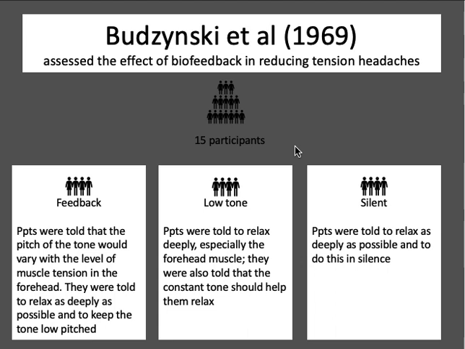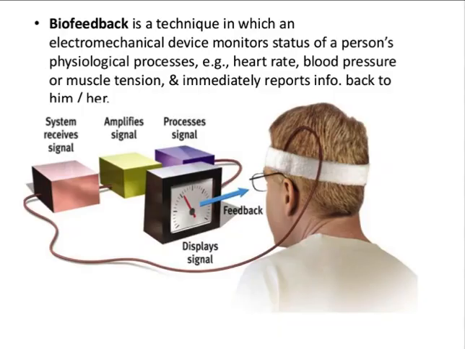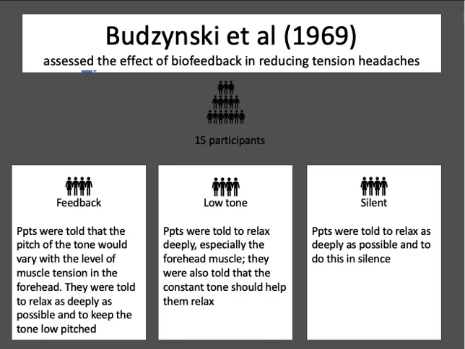Now, in the feedback group, participants were told that the pitch of the tone would vary with the level of muscle tension in the forehead. They were told to relax as deeply as possible to keep the tone low pitch. So in this group, they were told that if you're more tense, the pitch will be higher. They will hear a sound that is higher pitch.